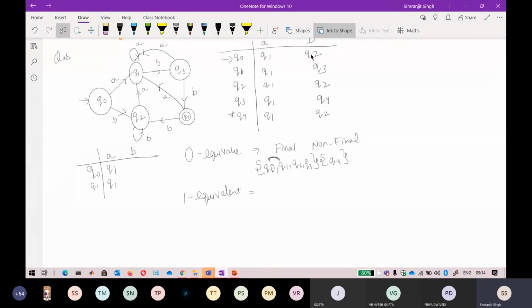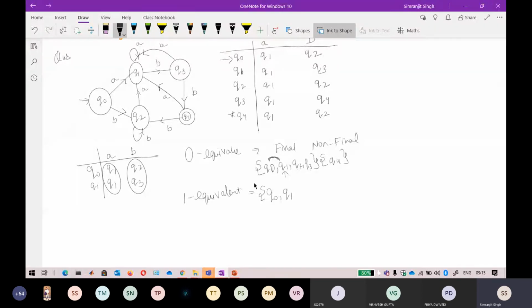In the same way for B, Q2 and Q3. Now check this: Q1 and Q1 belong to the same set, so that is okay. Q2 and Q3 also belong to the same set. It means Q0 and Q1 are equivalent.